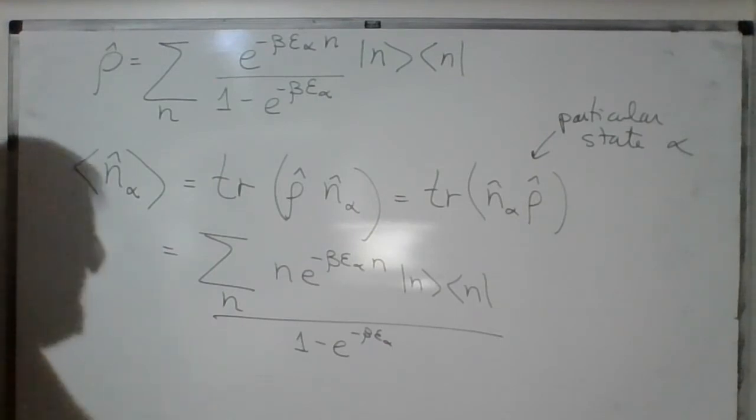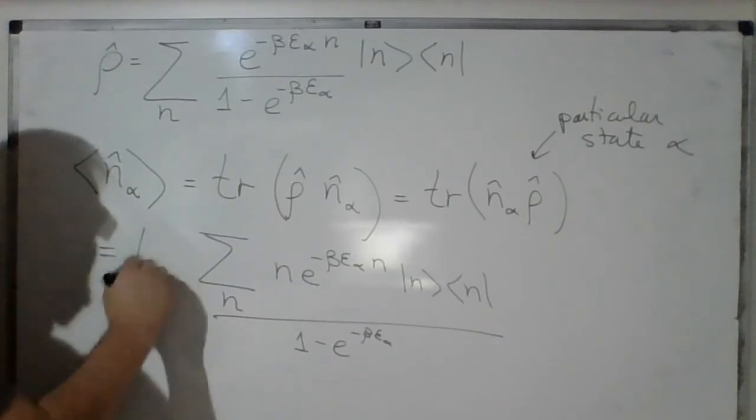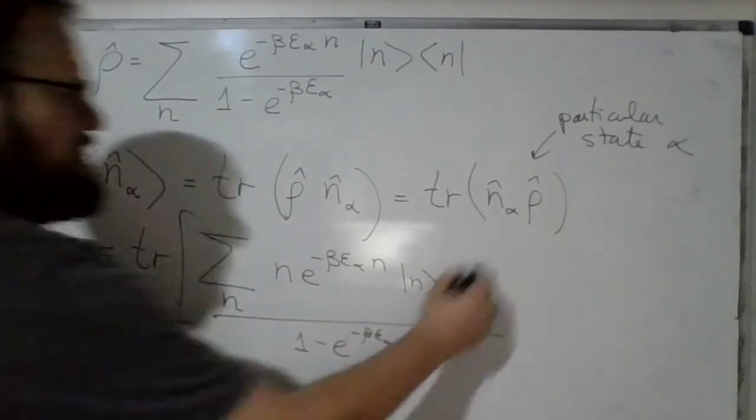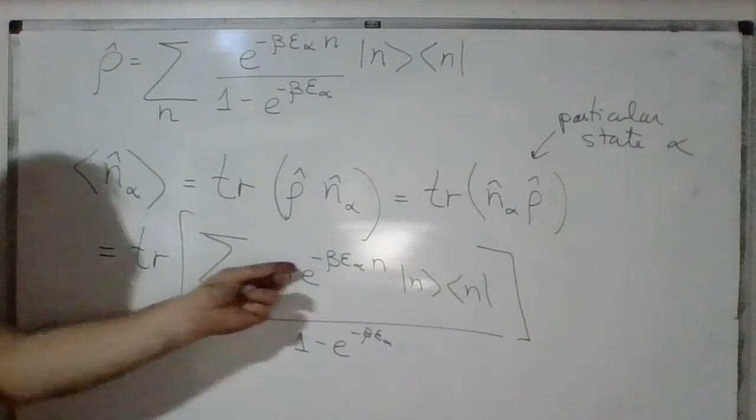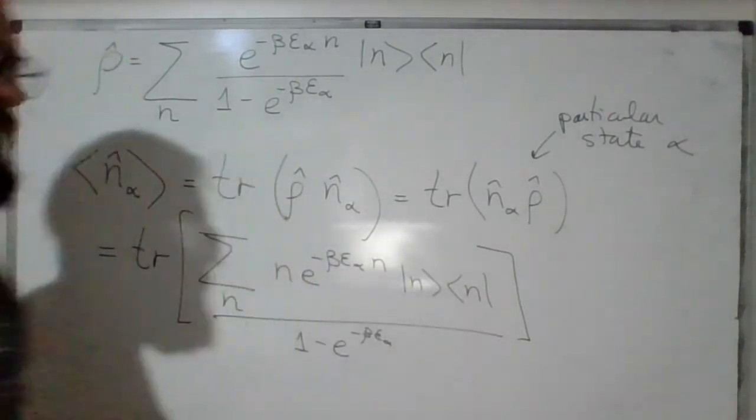But now I need to calculate the trace of this object, but this object is already in the diagonal form.